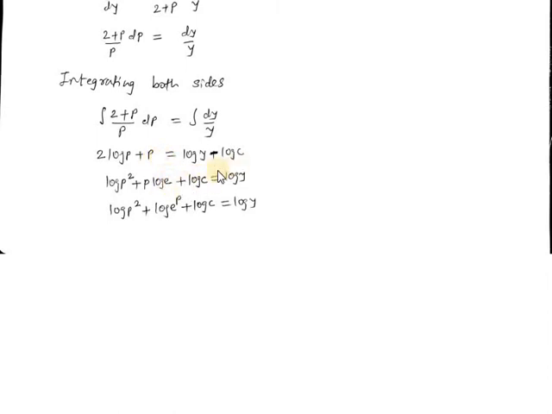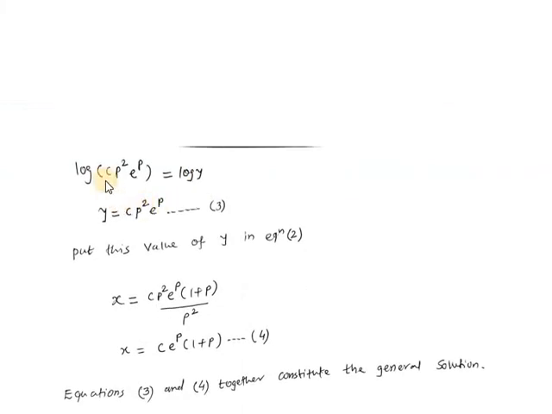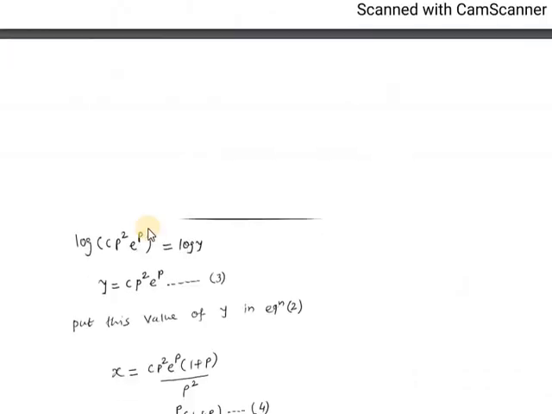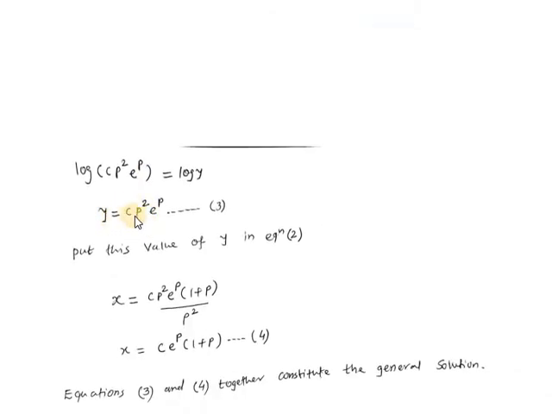Plus log c is equal to log y, therefore this can be written as log p square plus log e raised to p plus log c is equal to log y, which can be written as log of c into p square into e raised to p is equal to log y, because log a plus log b plus log c is equal to log abc. Therefore y is equal to c into p square into e raised to p.